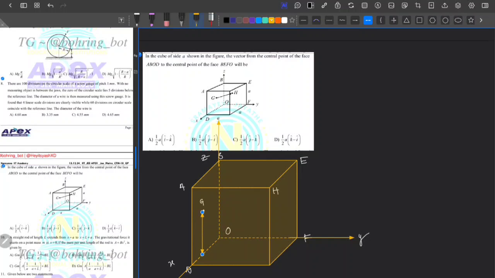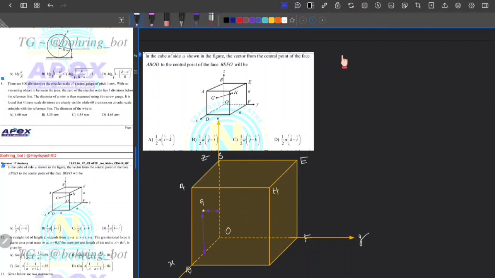This distance as well as this one is a by 2 again, a by 2. So this is a by 2 along X axis and this is a by 2 along Z axis.